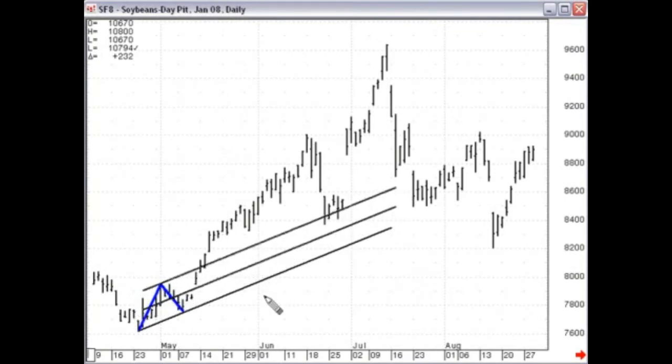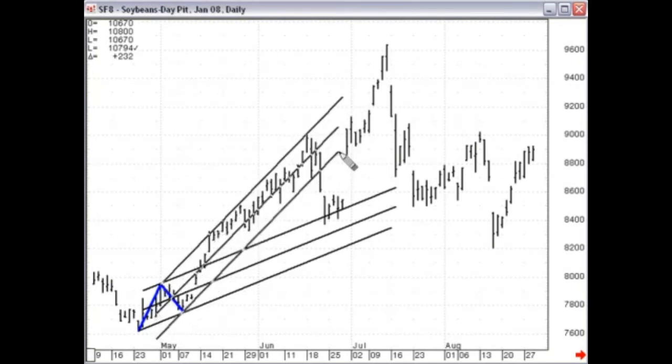Here's our base channel. And again, once we break out of the upper boundary line, with confidence we can identify the ensuing price move as a third wave. So here's waves 1 and 2. Here's our base channel. Now as wave 3 develops, what we will do is draw another channel here, and that's the acceleration channel, that will identify or encompass wave 3, the price action within wave 3.